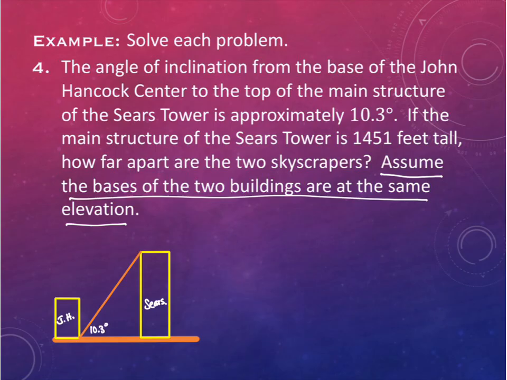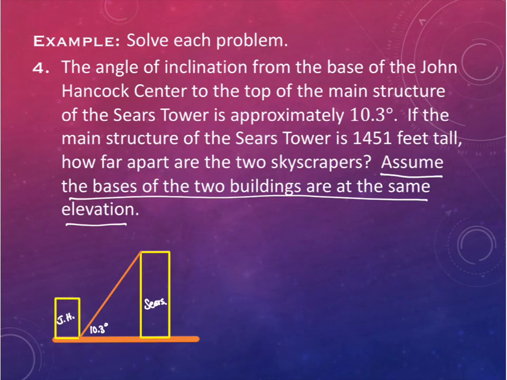So this is the angle of incline between the base here and the top here. I believe that's how it described it. Does that sound right? Pictures seem to match. There's one more piece of information it gives us. What is it? The height of which one? Sears Tower. The height of the Sears Tower is 1,451 feet.